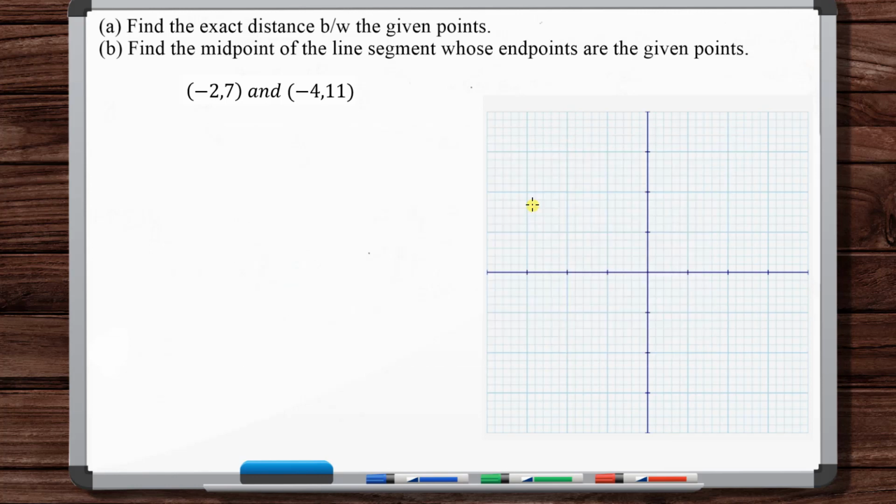Okay, so let's plot these 2 points. This is -2, 7. Okay, and this is -4, 11.